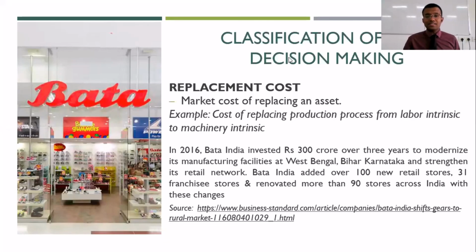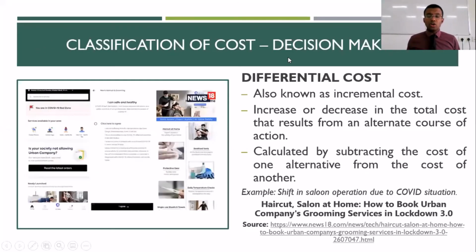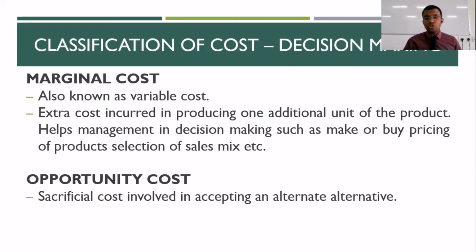Then we had discussed what is meant by differential cost. Differential cost refers to the difference in the cost, because until now you're carrying out your processes in a certain way, and suddenly you decide to switch over, as a result of which there is a difference in the cost. Then you have marginal cost.